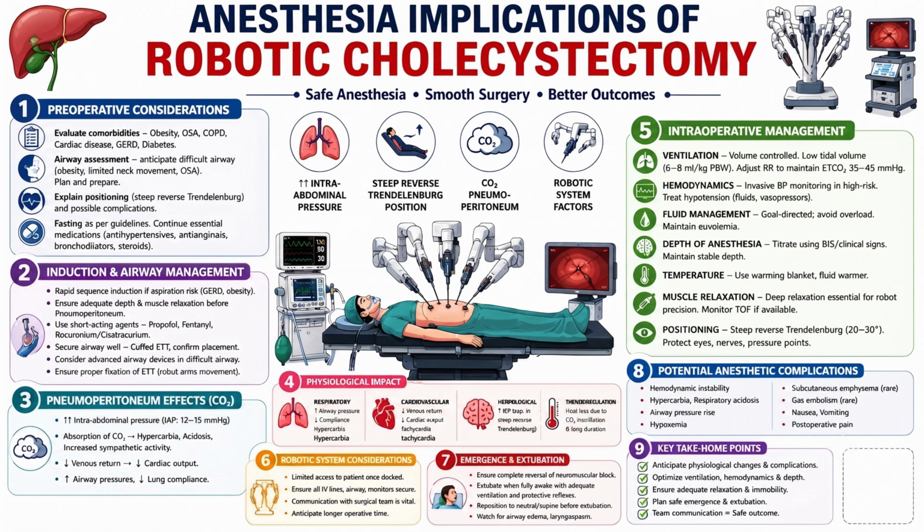Next is hemodynamic management. Blood pressure should be monitored continuously, particularly in patients with cardiovascular disease or significant physiological changes during insufflation and positioning. In high-risk patients, invasive arterial blood pressure monitoring may be appropriate.